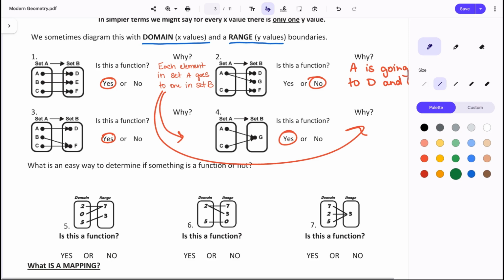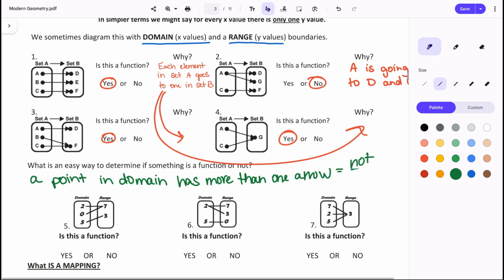So I'm going to say a point in the domain has more than one arrow means it's not a function.